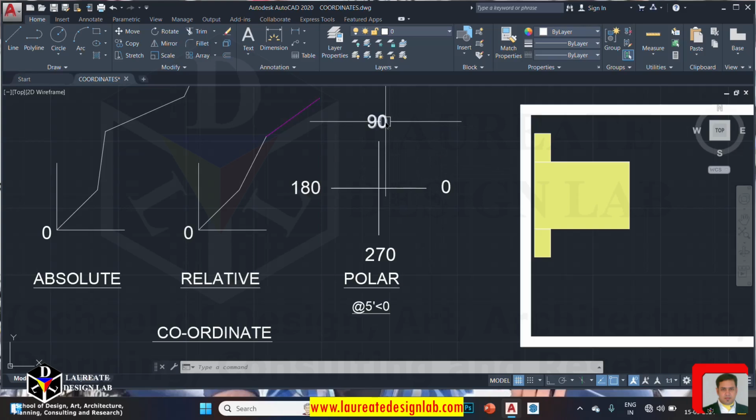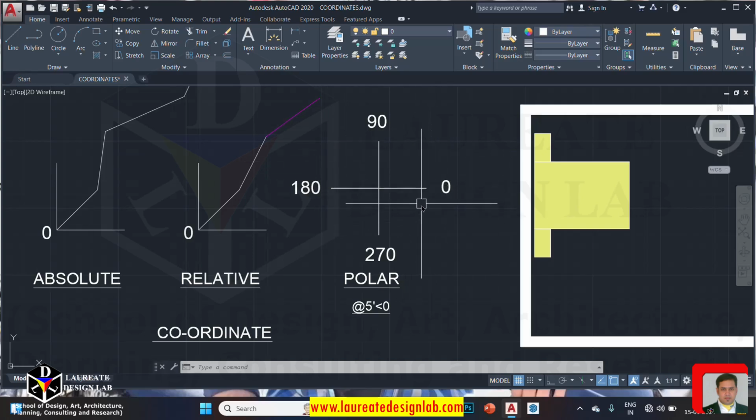Does this work in a clockwise manner or anti-clockwise manner? After 3 you have 6. After 6 you have 9. After 9 you have 12 o'clock. So this rotation is called clockwise rotation. But here this doesn't work like that. It works anti-clockwise.